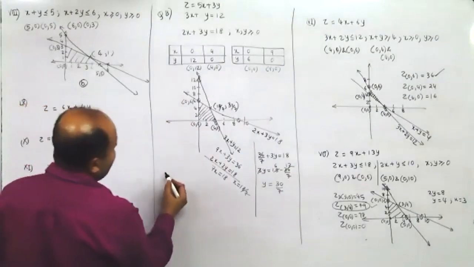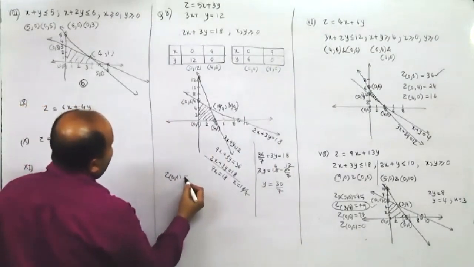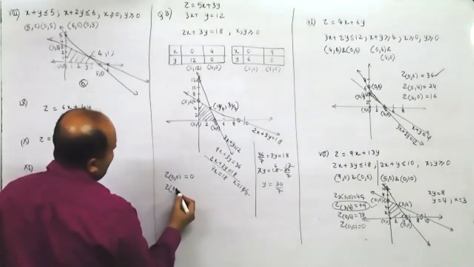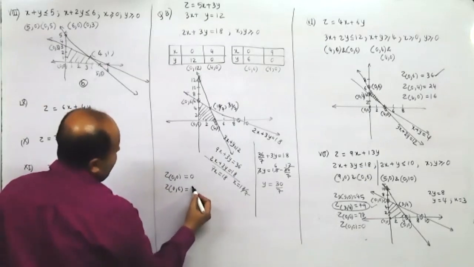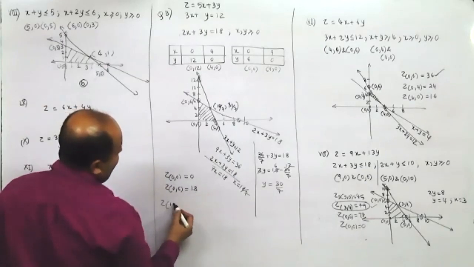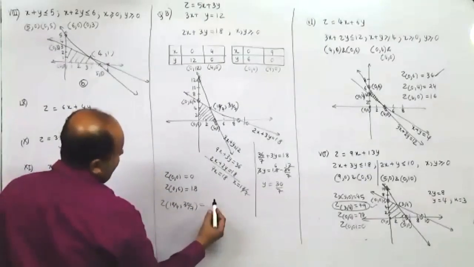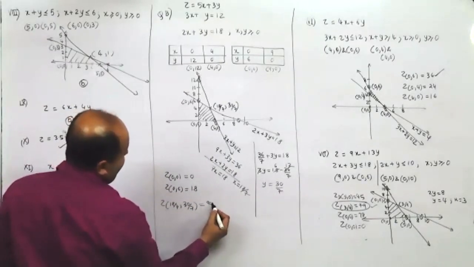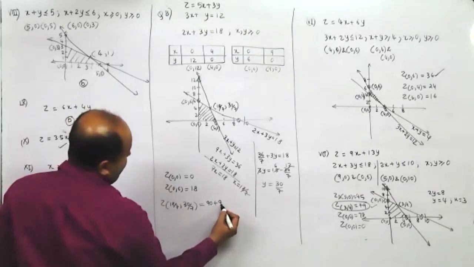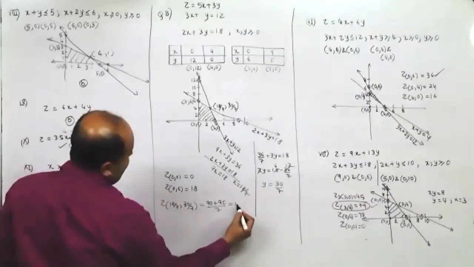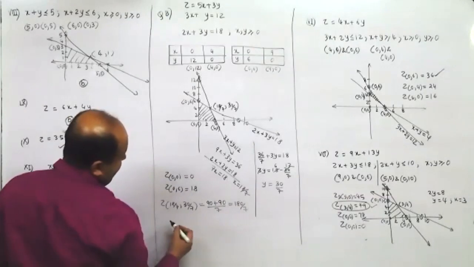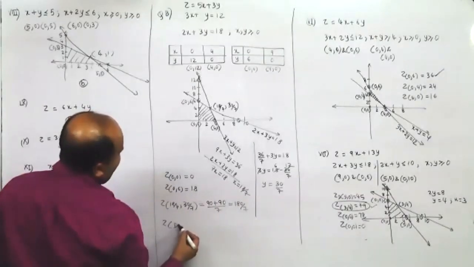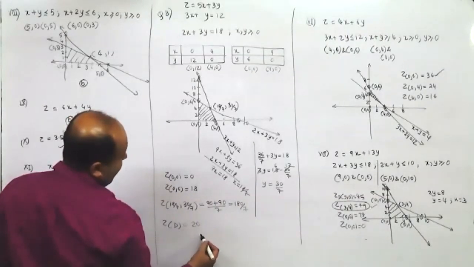Now z values at 0 0, it is 0, at 0 comma 6 it is 18, at 18 by 7 comma 30 by 7 it is 5 into 18 90 plus 3 into 30 90 by 7, so it is 180 by 7. And at z at d would be 5 4s are 20.